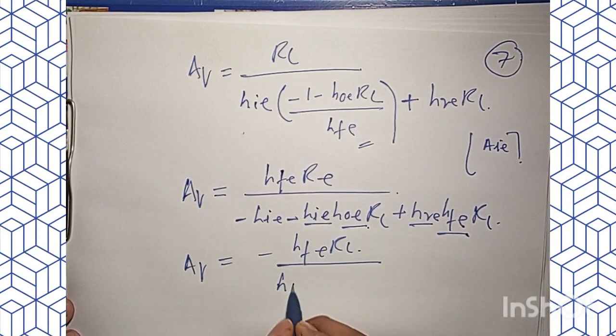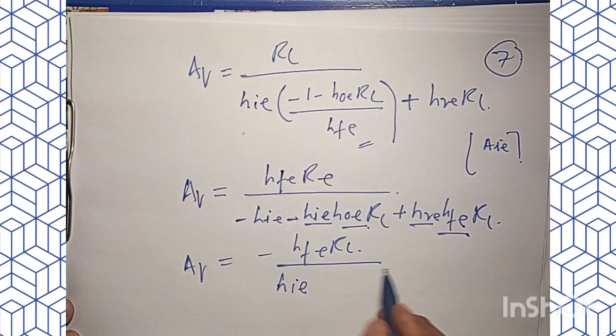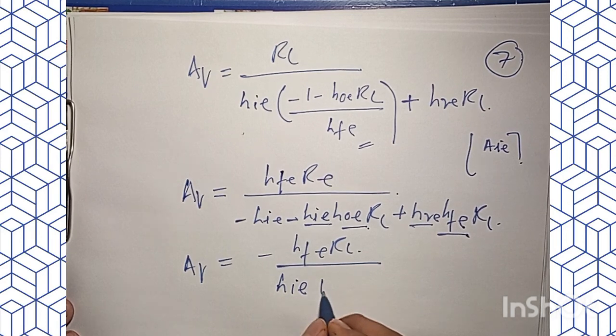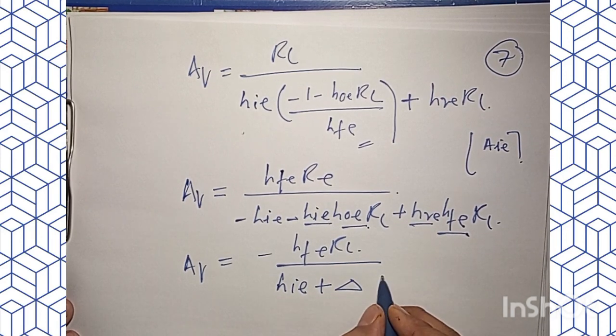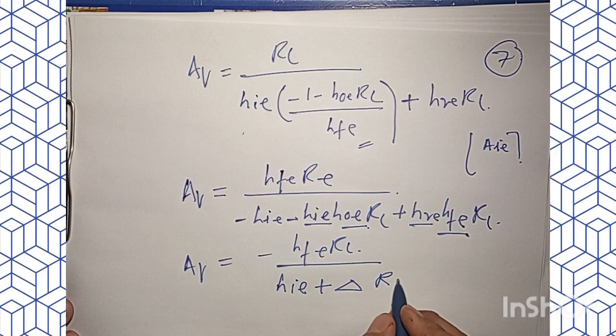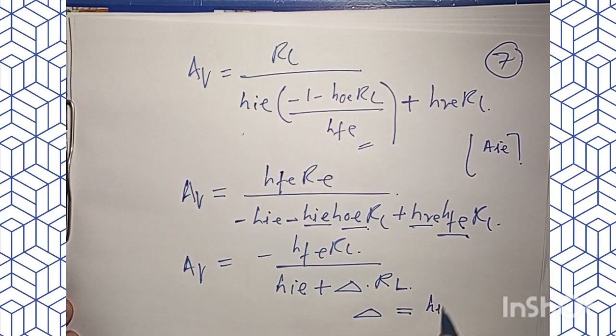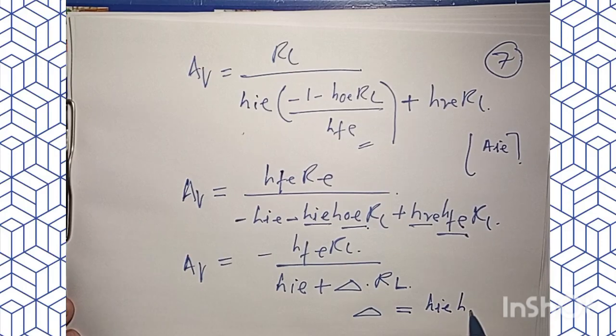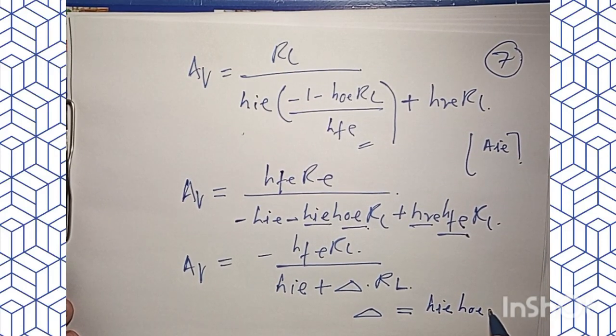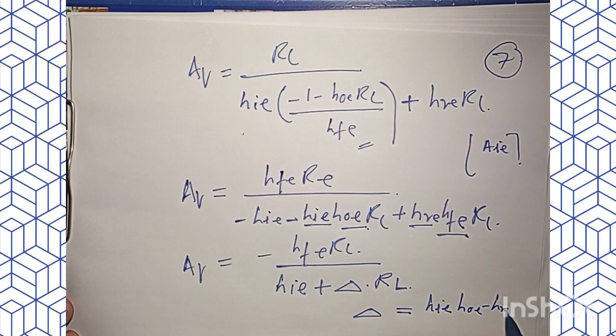This del is the 2 by 2 determinant of HIE, HOE, minus HRE and HFE.